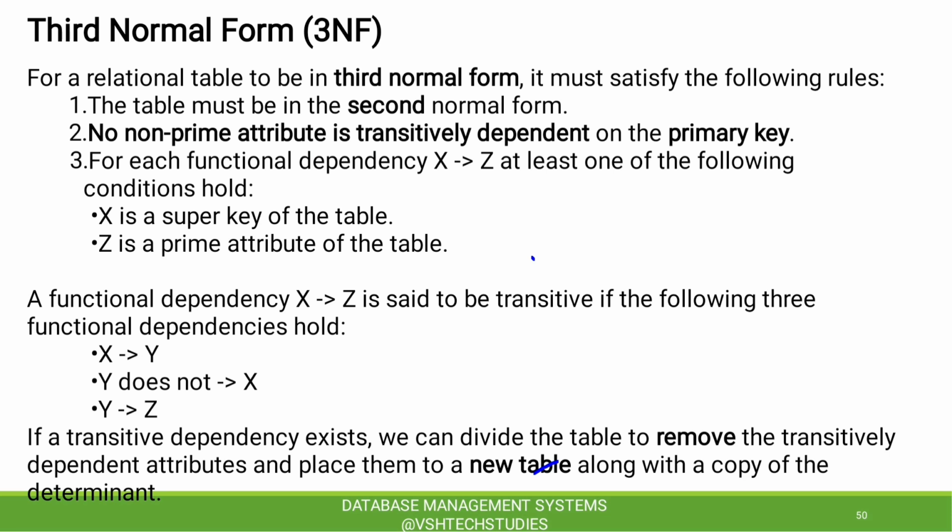In simple words, for a relation or table to be in third normal form or 3NF, it should not contain transitive dependency. Next, we shall see an example for both 2NF and 3NF.